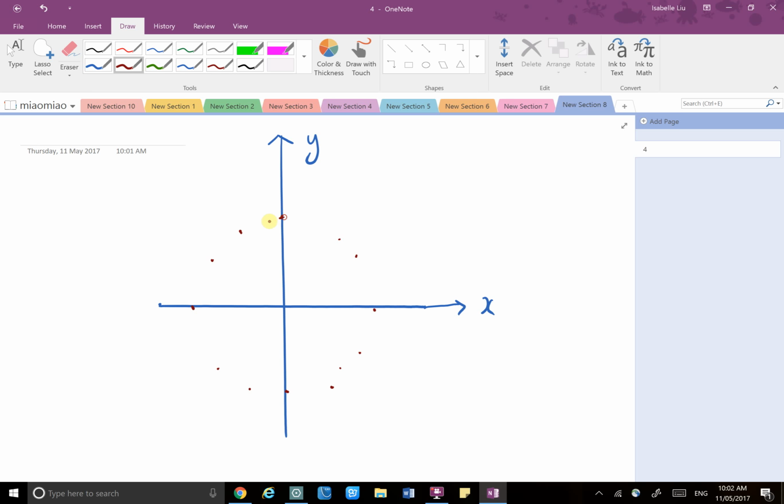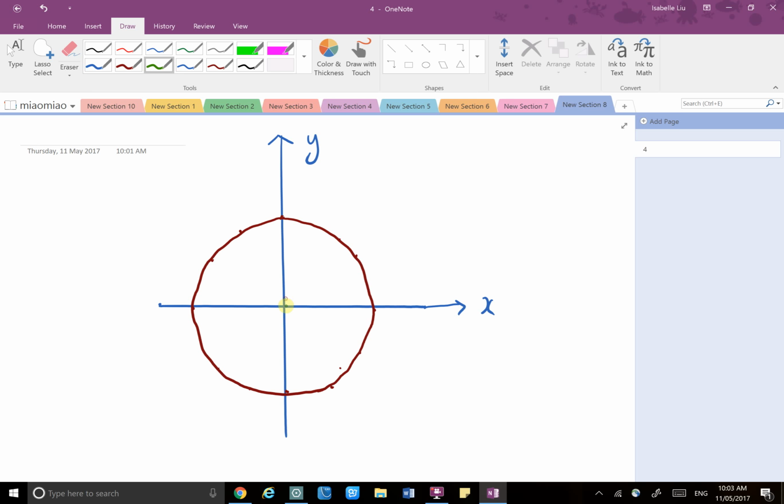We're just trying to sketch a unit circle, something like that. And I want to sketch 0 degrees. Where is 0 degrees?